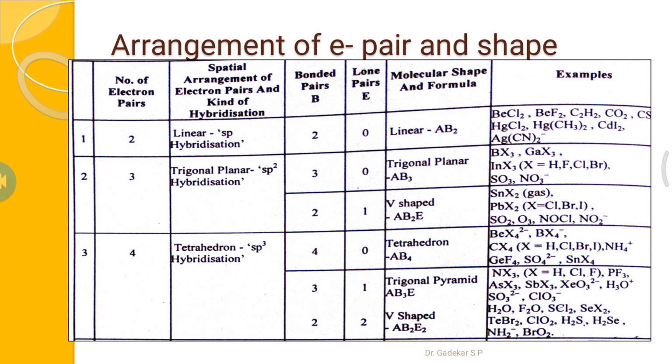Okay. So third example, electron pairs present are 4. Its geometry is tetrahedral, with sp3 hybridization. If 4 bond pairs and 0 lone pairs are present, we get a tetrahedral shape.